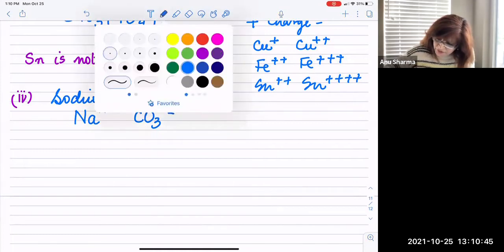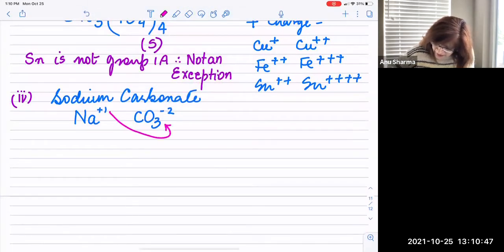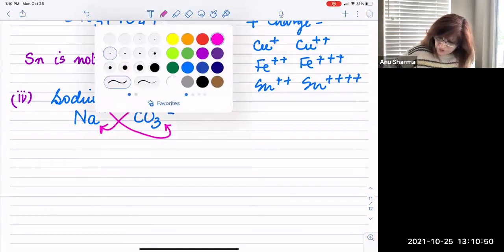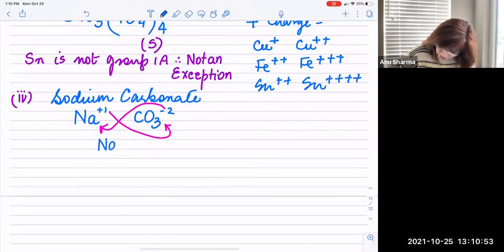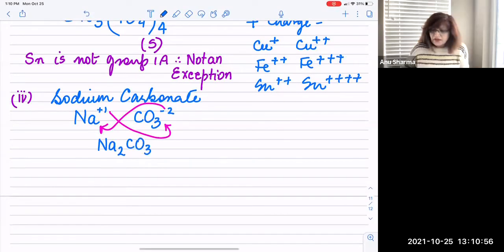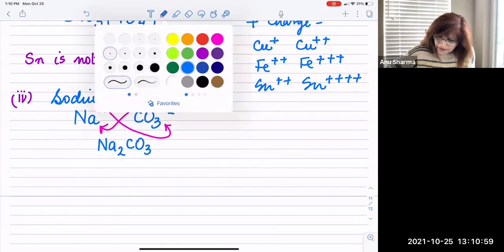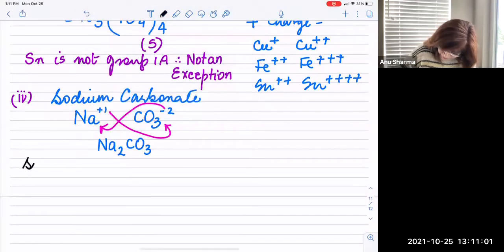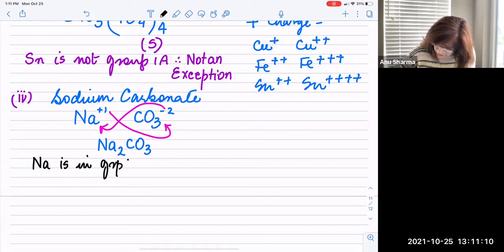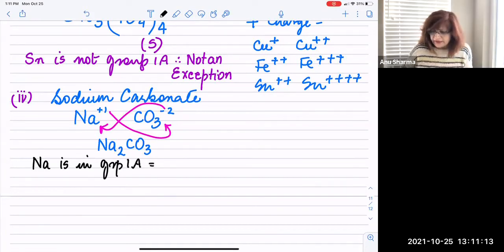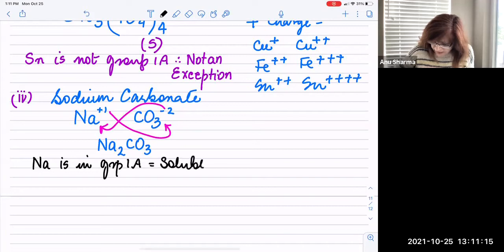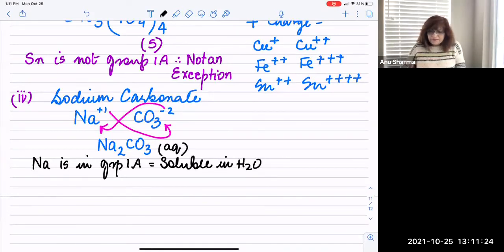We see that this 1 comes here and this 2 comes here. So the formula becomes Na2CO3. Sodium is in group 1A. So when it's in group 1A, that means it is soluble in water. And when it's soluble in water, that means it is going to have aq written here. Okay.